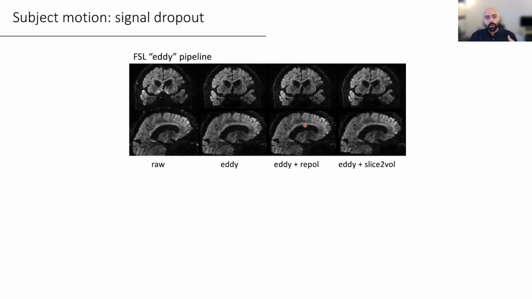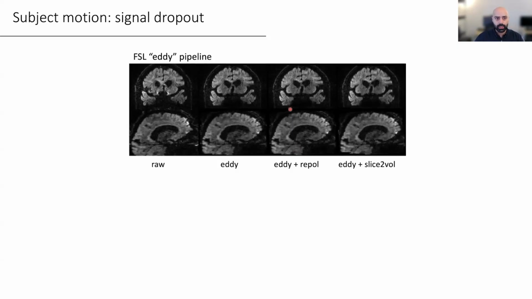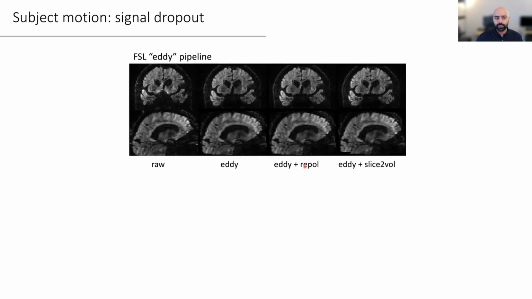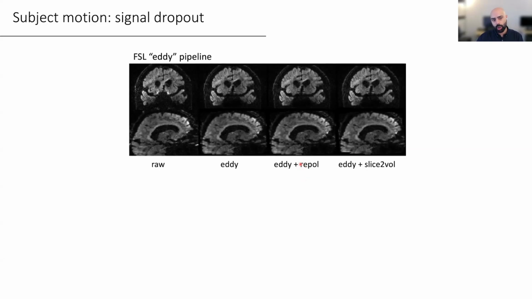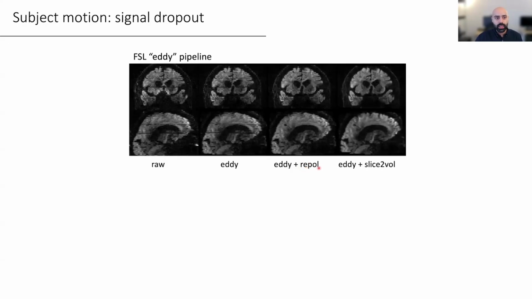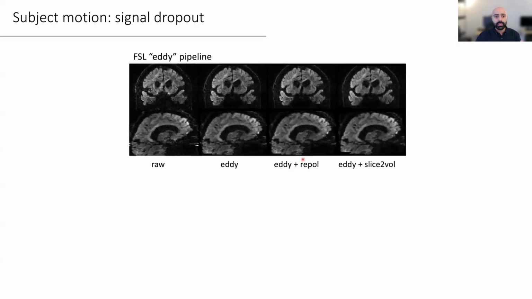Now we can move one step further in the pipeline and include, within the eddy command, an option for outlier detection and replacement. There's an option in the eddy pipeline called repol, which means replace outliers. That's because these signal dropouts are considered outliers statistically within the series, and eddy detects where these outliers are.